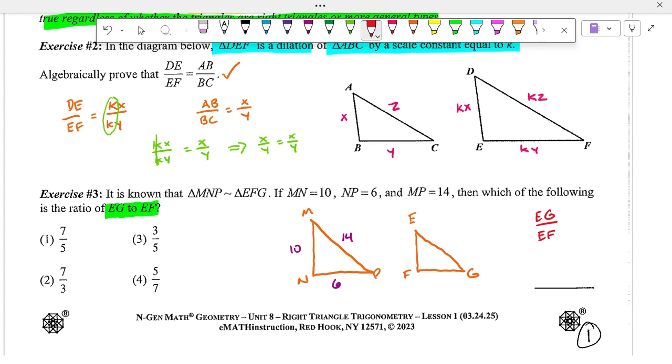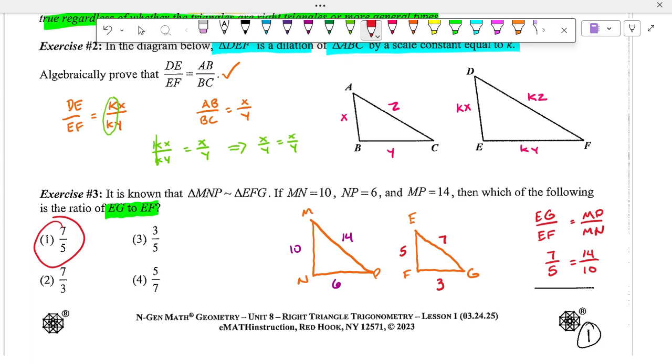MP and MN. So that should be the same thing as MP over MN. So MP is 14, MN is 10. So that would be 7 over 5. So that means this would be 7, 5. What do you think FG would be? 3. So it's 7/5.